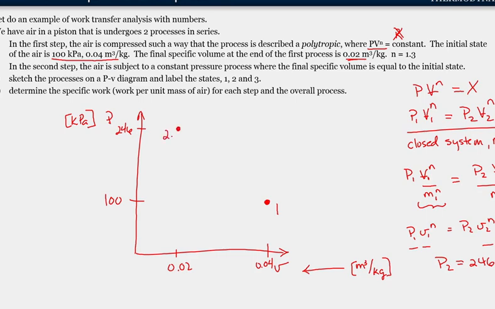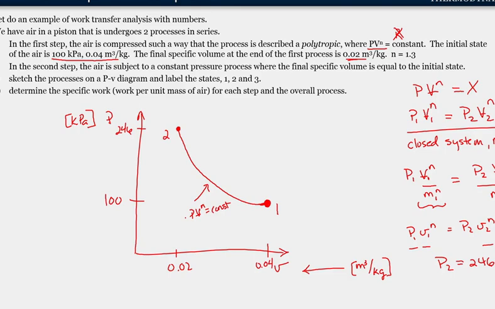A polytropic process looks sort of like a curve, and you probably can't see the level of curvature unless you have a large space that you're covering. So this is a polytropic process, and I can label it with either absolute volume or specific volume. Cool, we've got from state 1 to state 2.